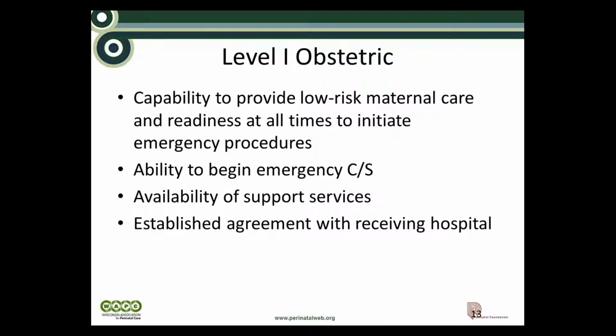And there should be an established agreement with receiving facilities. This is essential because people cannot practice in a vacuum when you're delivering care like this. You need those kinds of agreements so that when things start going bad, one call is going to get you the kind of service, the kind of care, the kind of response that you expect and you need.